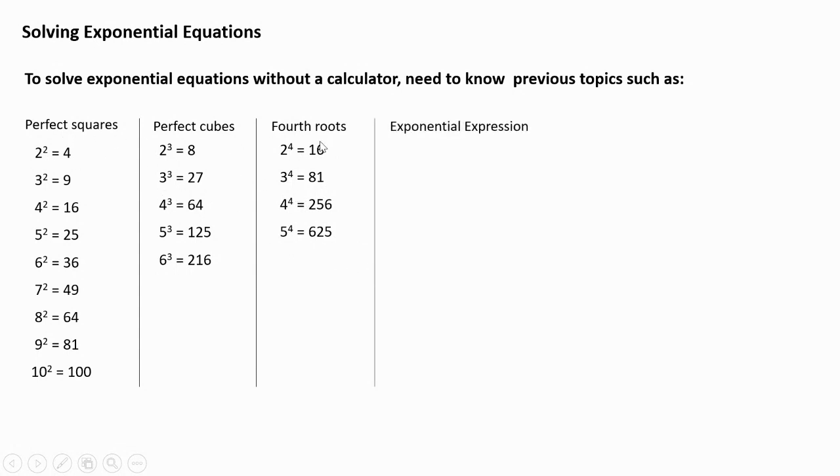Okay, at least the perfect squares all the way to the perfect fourth powers. Now, exponential expressions, you have to know that a is called the base and m is the exponent. Okay, all these are crucial, guys, for what we're going to be doing solving exponential equations and logarithmic equations. And also, you have to know the exponent power rule.